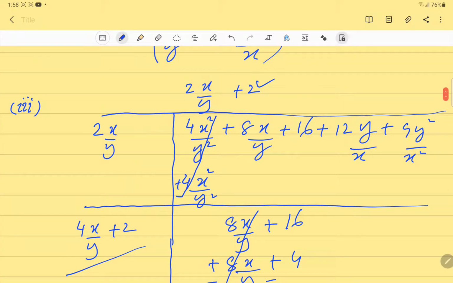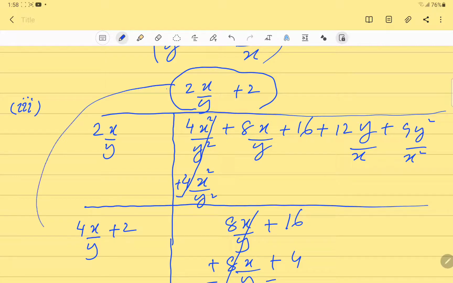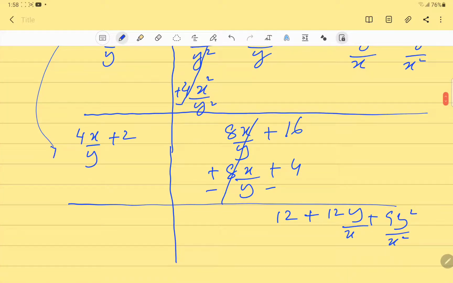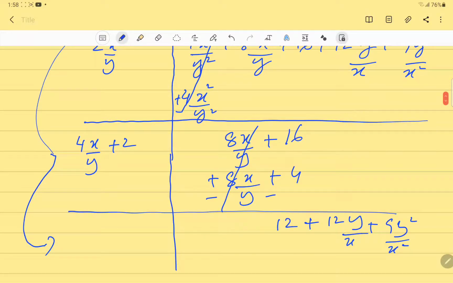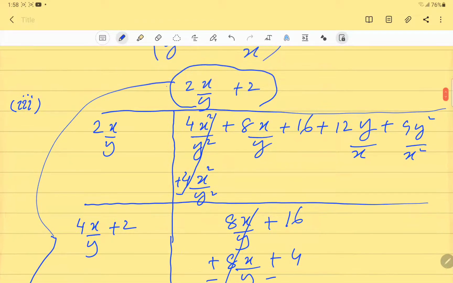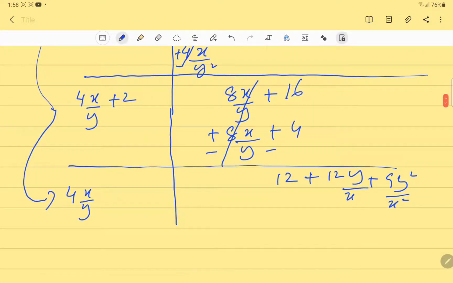Now again we will take double of this and write it over here. So we have 2x over y, double of 2x over y is 4x over y. Then we have plus 2, double of plus 2 is plus 4.